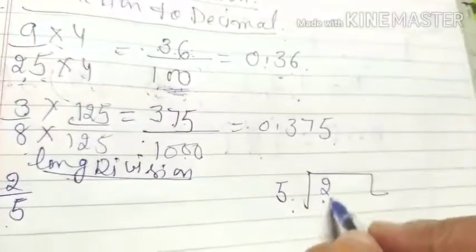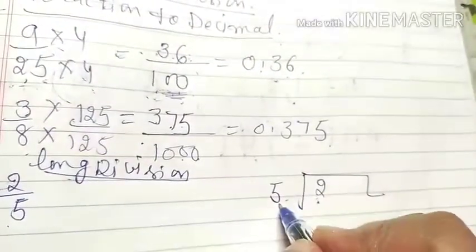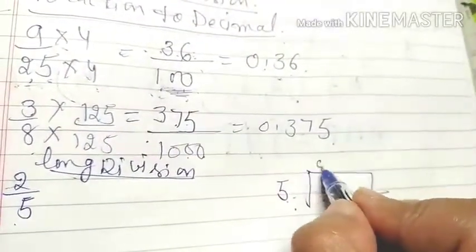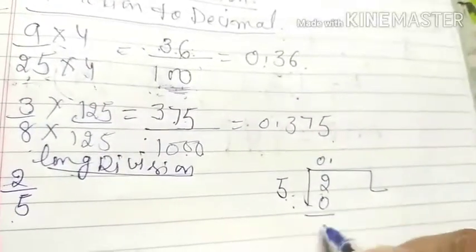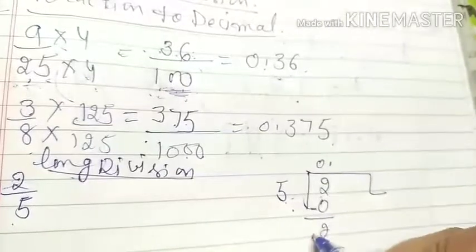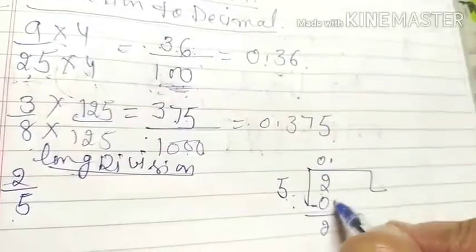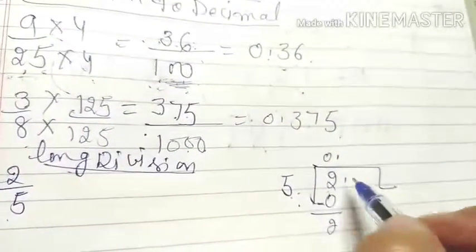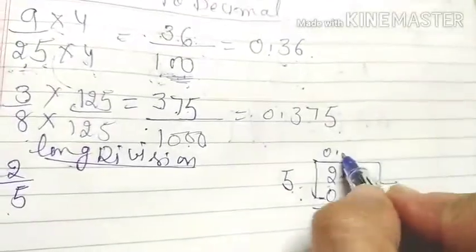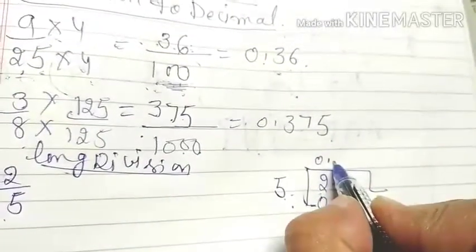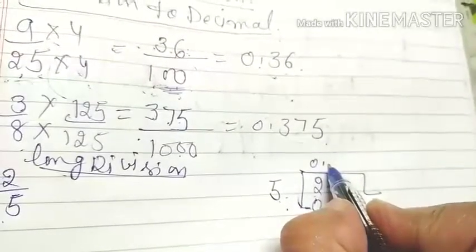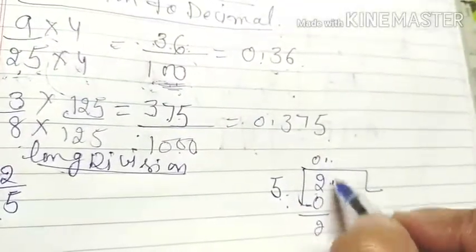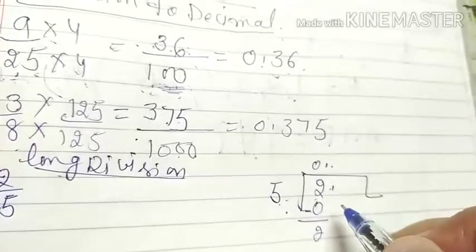Now here this number is smaller than this number, so we mark a decimal point here, and we multiply by 0, that gives me 2 after subtraction. Now here no next number is there, I mark a decimal point here as well as in the quotient, just after the division of the unit digit is completed.